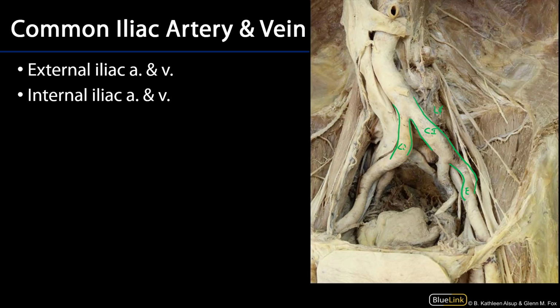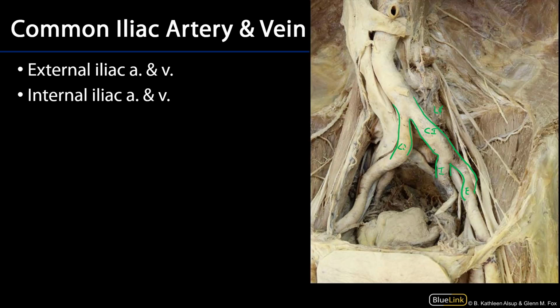So there's the external and the internal iliac artery. The internal iliac artery is going to serve all of the pelvic viscera. It will also exit the pelvic cavity to attend to regions of the hip as well as the perineum.